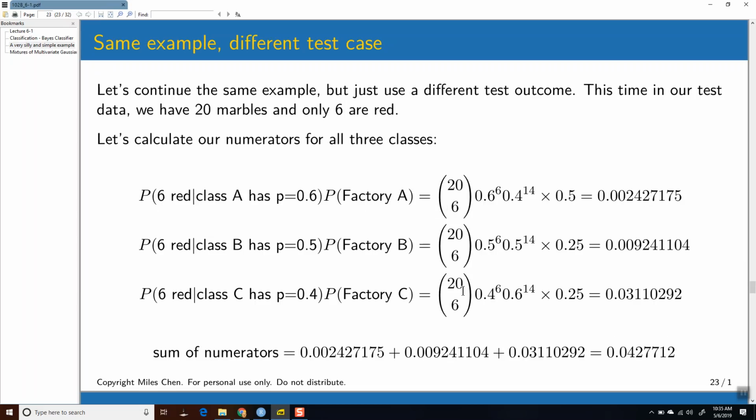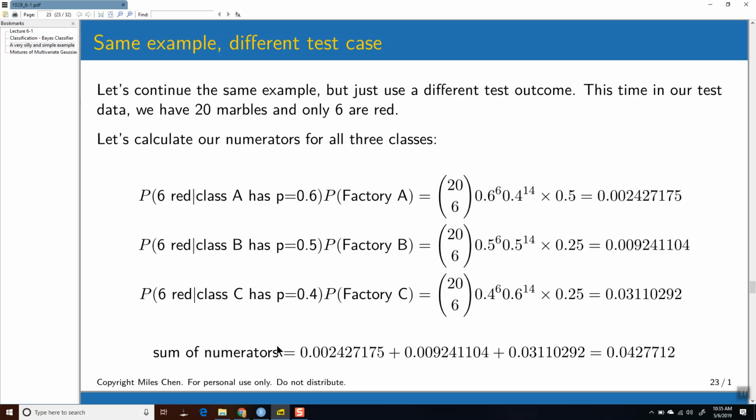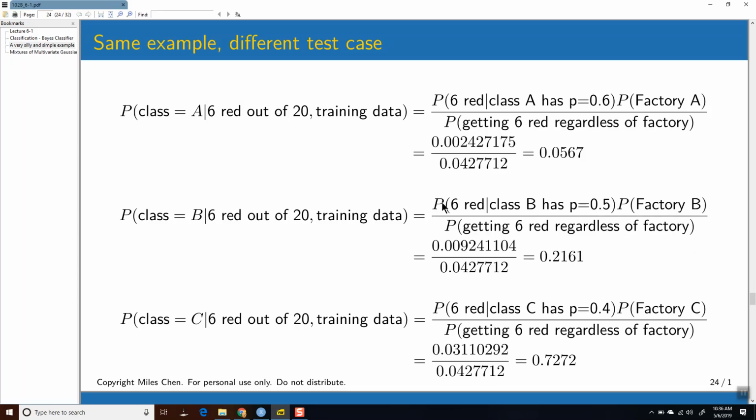Based on our data, the probability of getting 6 red when the fill proportion is 0.6 is a very unlikely scenario. And so even though class A is more probable prior to looking at the data, once we look at the data, it makes class A very unlikely.